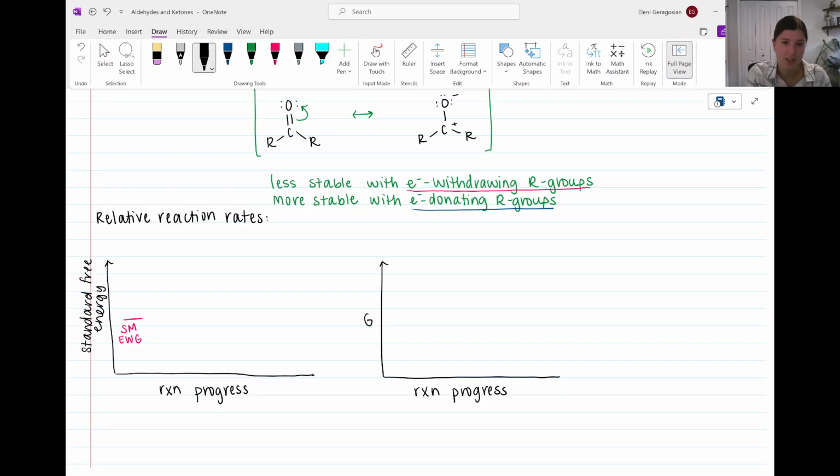So G for standard free energy on the first diagram. We have our starting material at this relative energy. The starting material with an electron donating group is more stable, so it would exist at a lower energy than the starting material with electron withdrawing group.